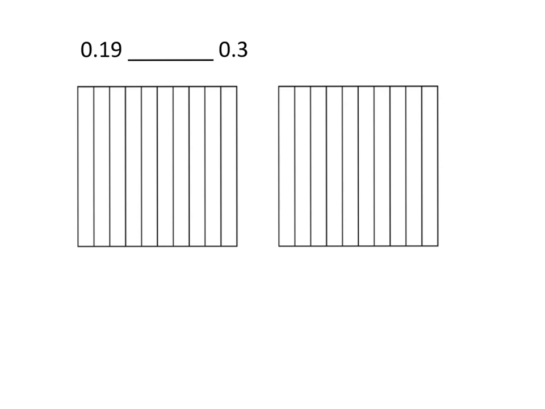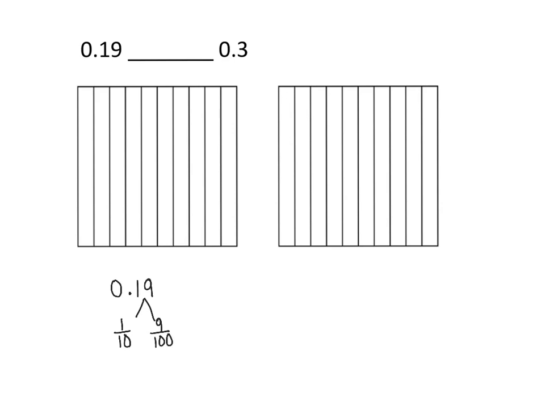And how we're going to look at this, guys, is we're going to use these area models to help us compare the two decimals. Now, let's try to take apart this 19 hundredths by using a number bond. Down here, I'm going to split this up. I've got 1/10, and the 9 represents 9 hundredths.